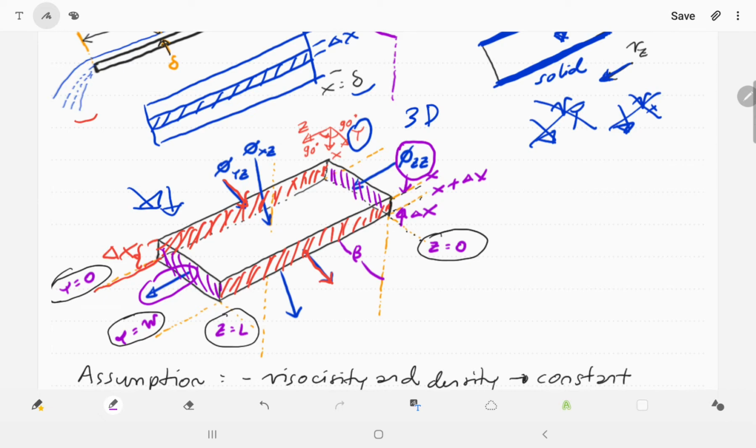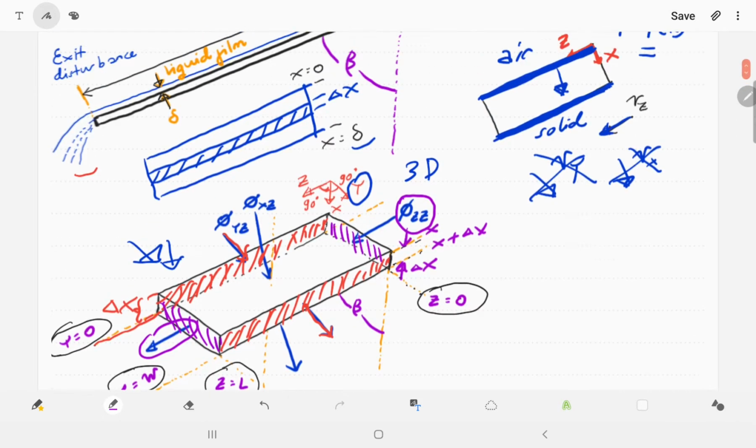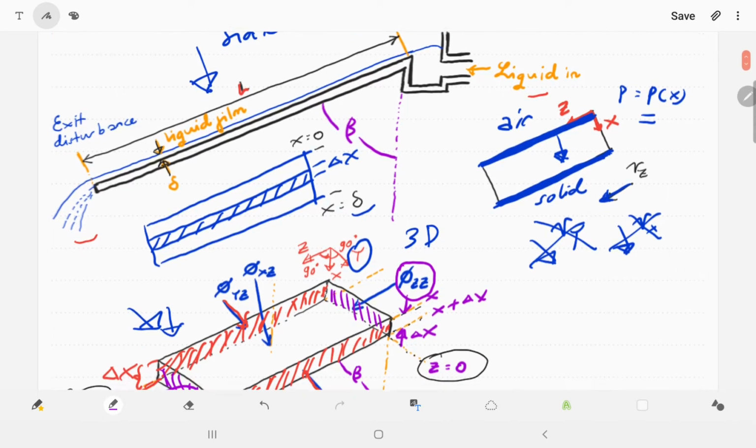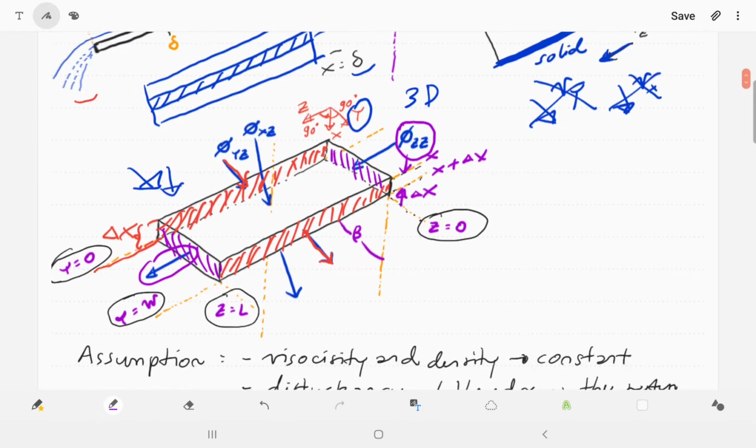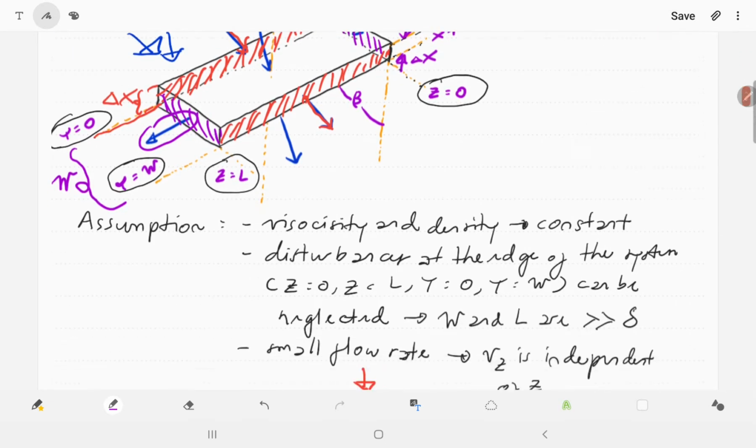Okay, so the area of interest here is delta x multiplied by w, because this particular width is equal to W, and this particular thickness of the film is equal to delta X, because we are dealing with the shell element.